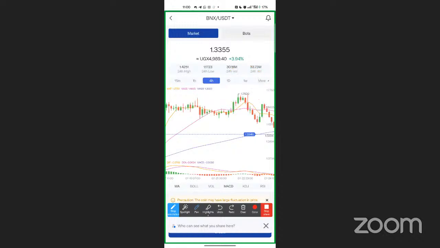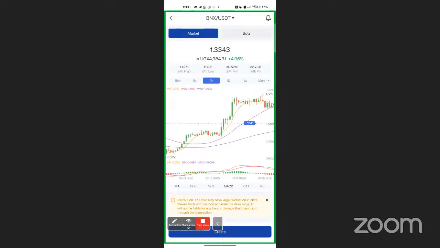Then another one is a 25 moving average, so it forms this line at the average price of the last 25 candles. Another one is a 7 moving average. It looks at the average price of the last 7 candles.